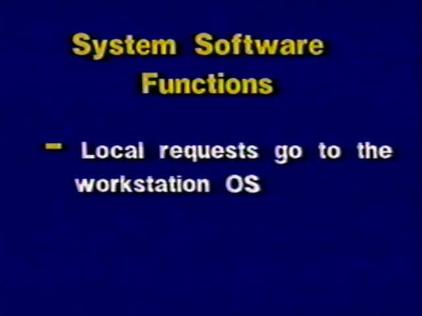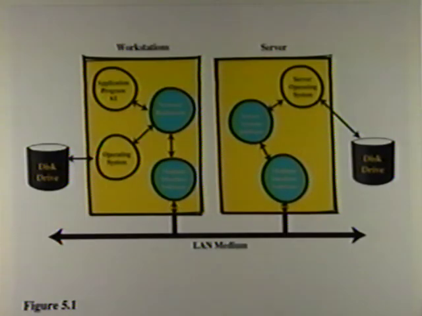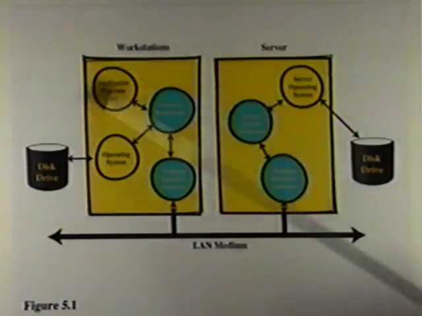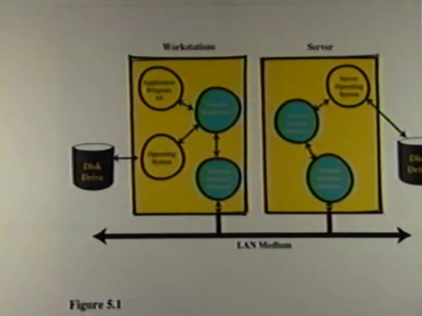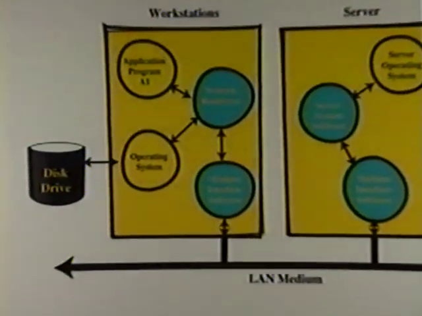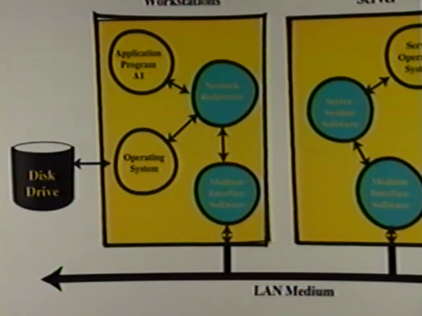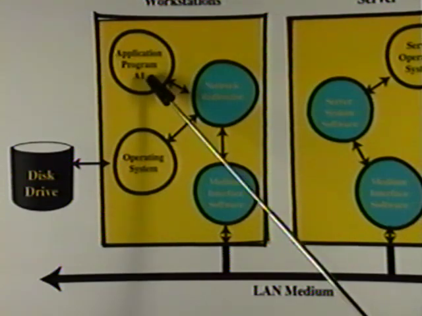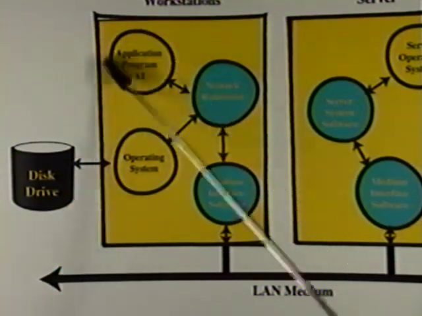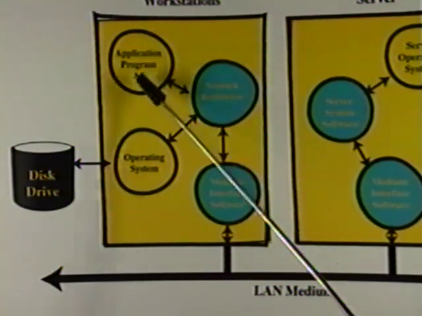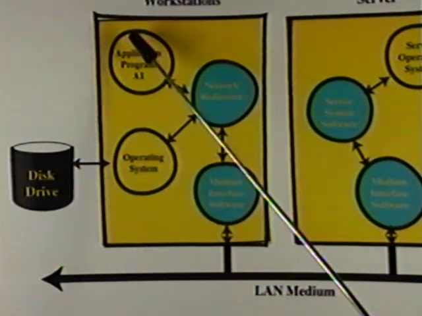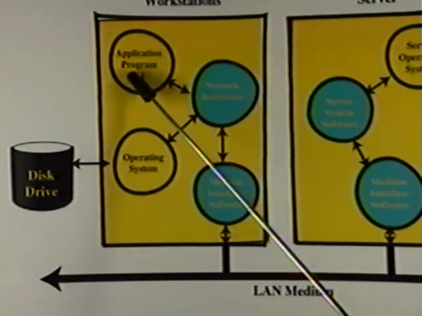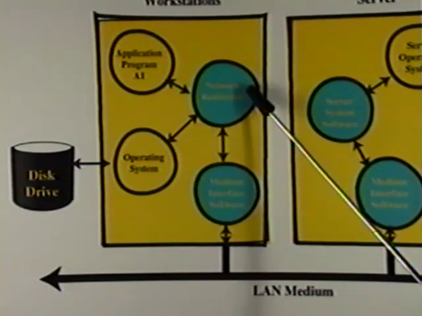Let me go to the overhead again, where I want to go over that in a little more detail. We're focusing on the workstation here, so let me zoom in on it. We have an application running on the workstation, and every application request now, instead of going directly to the operating system, goes to part of the LAN system software called the network redirector.